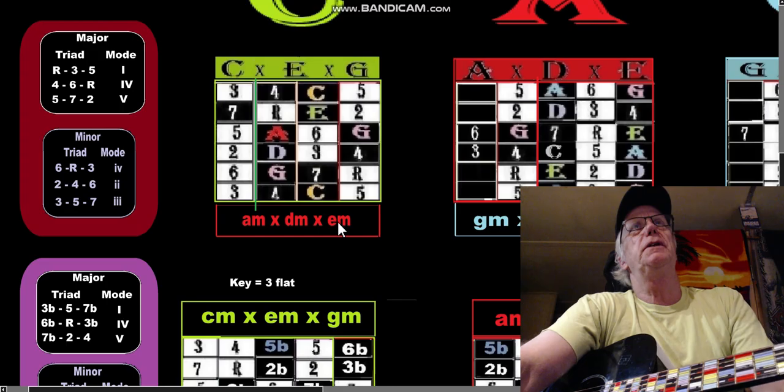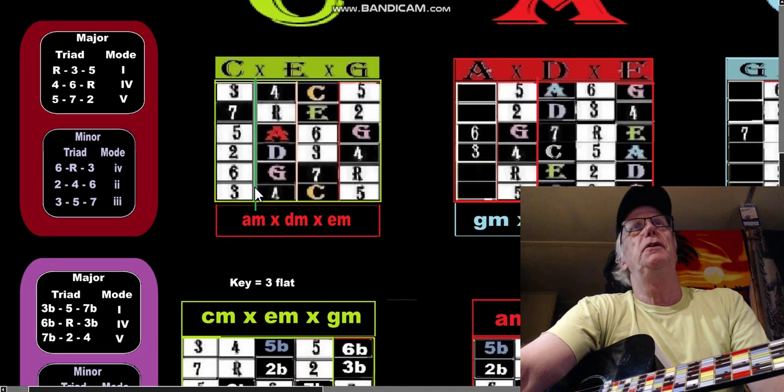Now the third minor is E minor shaped. It's going to be 3, 5, 7. Now we can use the 3 again. 3, 7, 5. Here's its parent pentatonic. 3, 5, 6, 7.